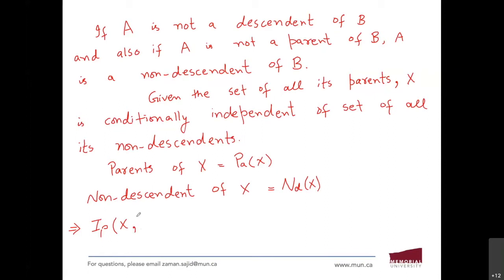Then you write down the non-descendant of that variable, which should be, for example, ND of X, given that the parents of X, which is PA of X. Now, in the next slide, I will take one example and I will elaborate all these terms there. Folks, I need to go to the next slide, please.